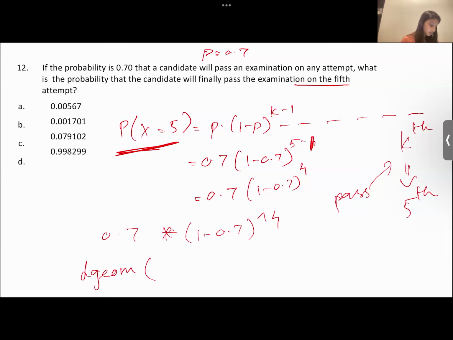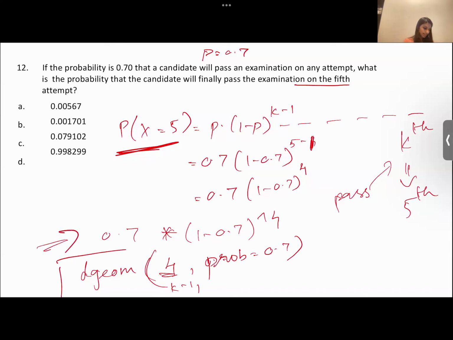Yeah, so here you write k minus 1. In R, you write dgeom, k minus 1, comma, prob is equal to 0.7. So this is how you do it with R. You can do it either directly by substituting the formula or by using this function here.